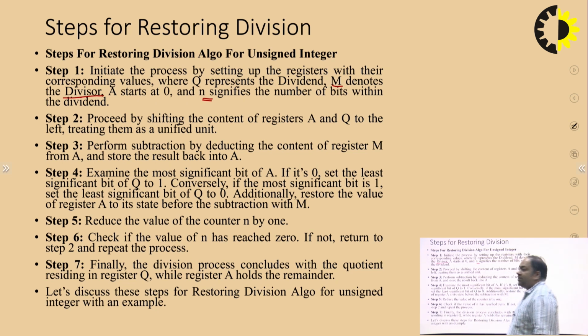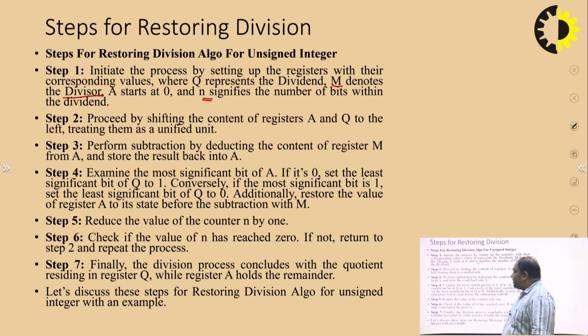After initiating all the values, we shift to step 2, in which we shift the content of registers A and Q to the left. So in this restoring division, we use left shift.